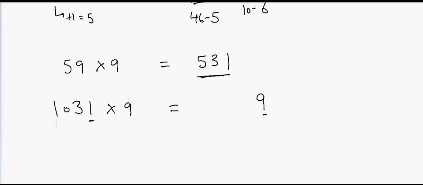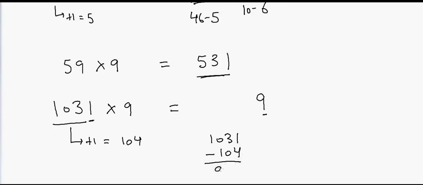Then I have 103, so I add 1 to it. That will be 104. And then I have to subtract 1031 minus 104. So this could be a little tricky for some people, but if you look, it's not that hard. It's 927. So the answer will be equal to 9279.